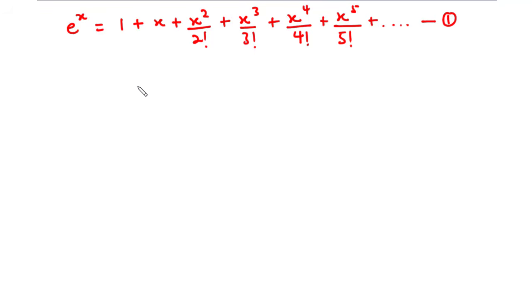At this point, we are going to replace x in equation 1 by j theta, that is the imaginary value. So let x equals j theta.